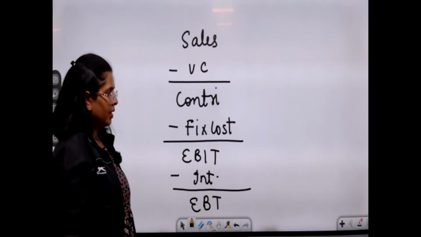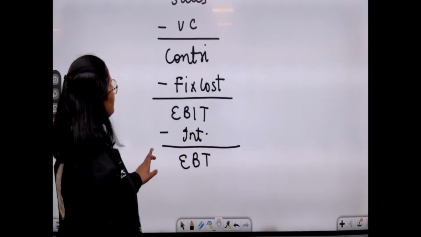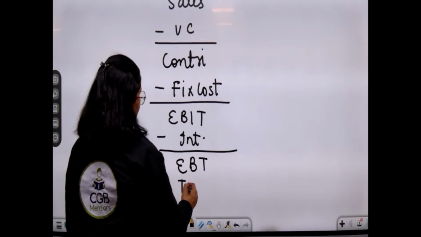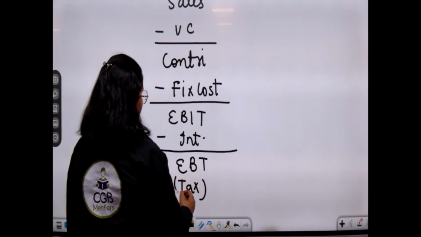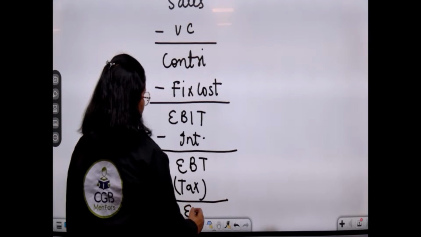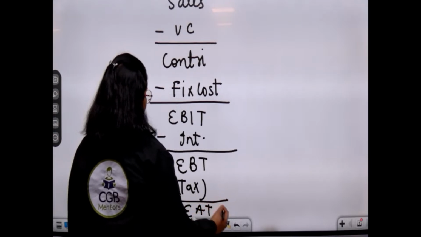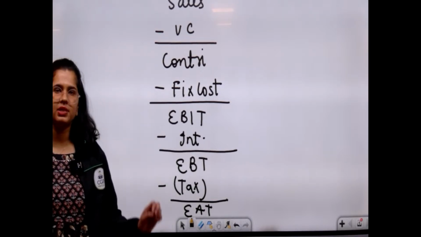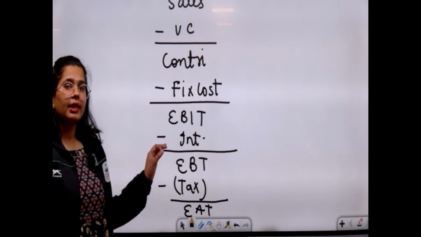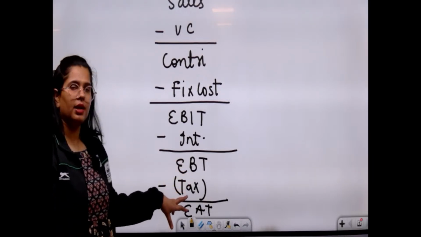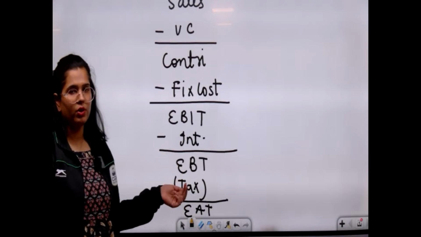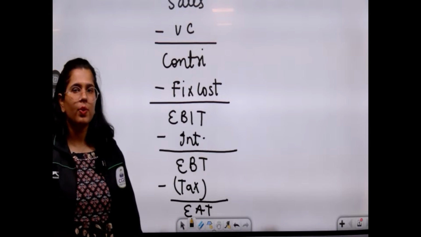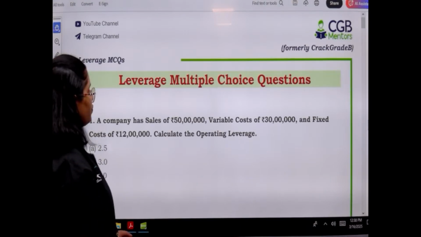After this, if you deduct taxes, you will get your EAT. If preference dividend is not given over here, then in that particular case, this is the earning which is available for the equity shareholders. So once we have done that, let us shift to questions.